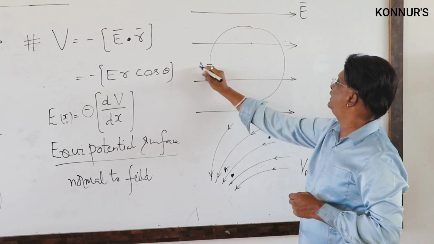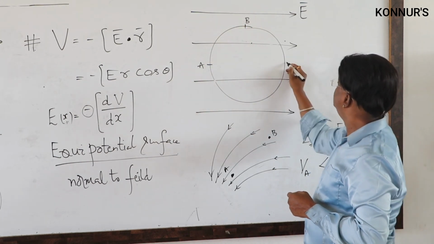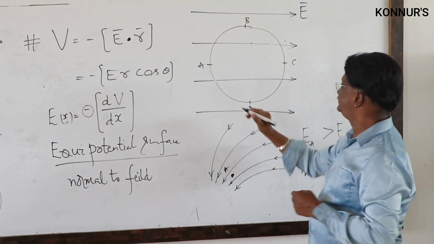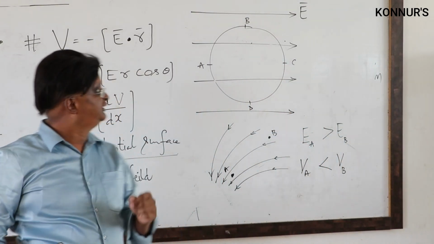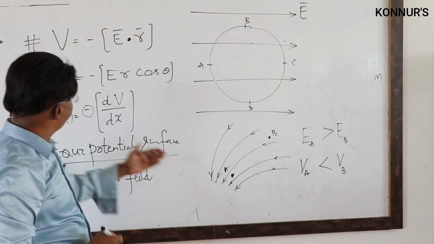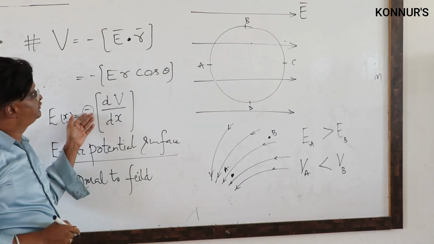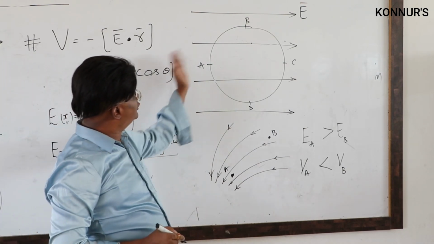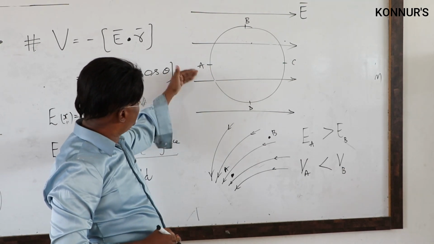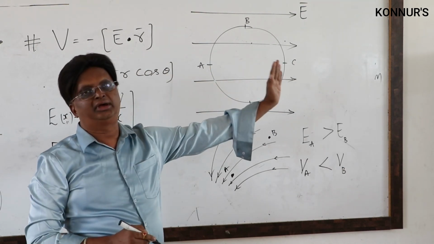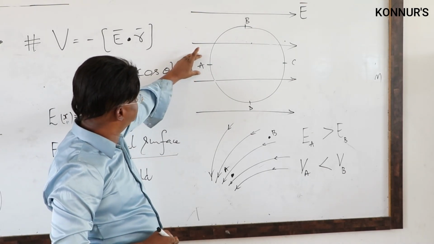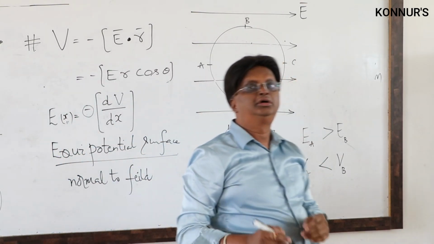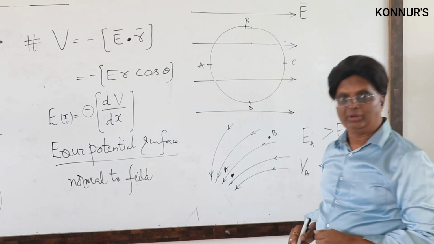Supposing this one is A, B, C and D points which are forming a circle. Now in this case, let us apply the same significance of this negative sign. What do you observe? A is the point that appears first when we follow the direction of field. Therefore A is at highest potential and then C is at the lowest potential, right?